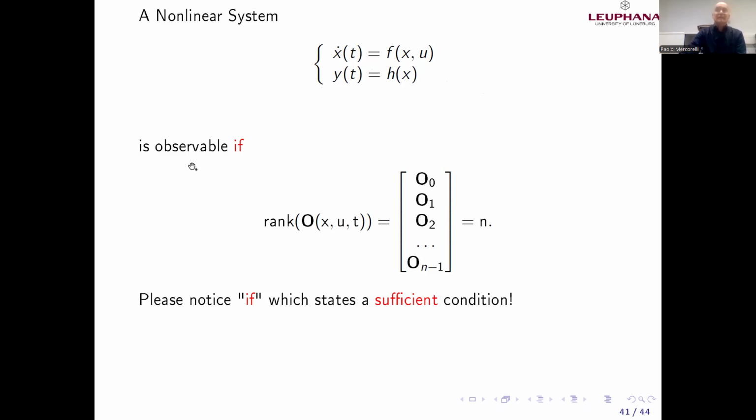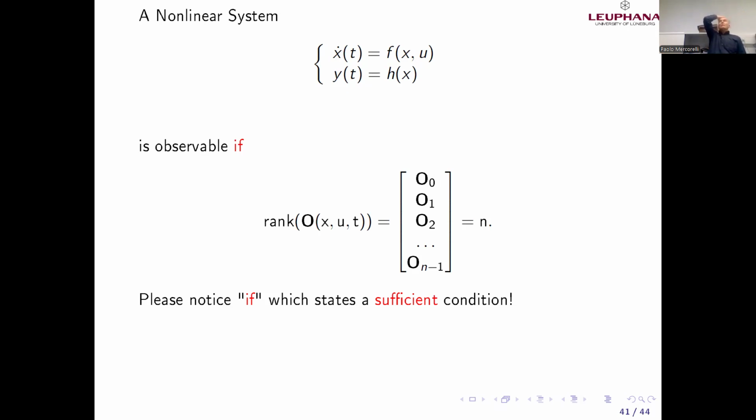We say that the system is observable if the rank, in the linear case of this structure here, which is what we have seen in linear cases, in both cases, invariant and variant, the rank is n.